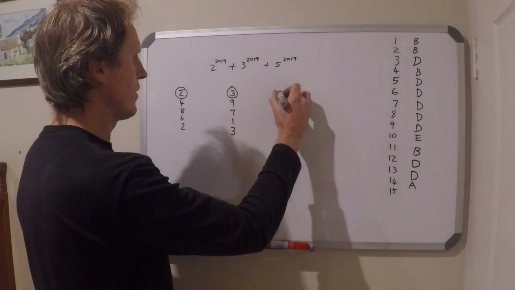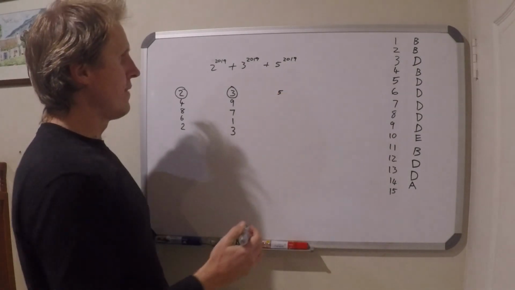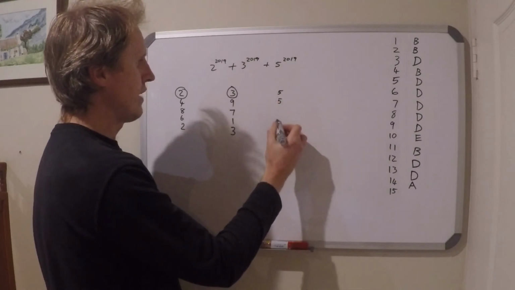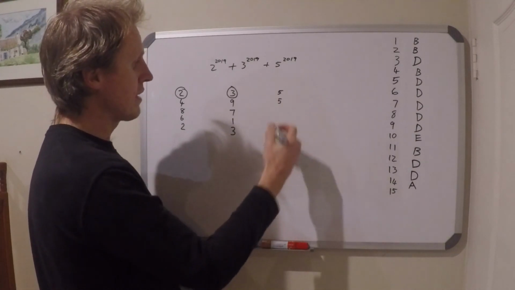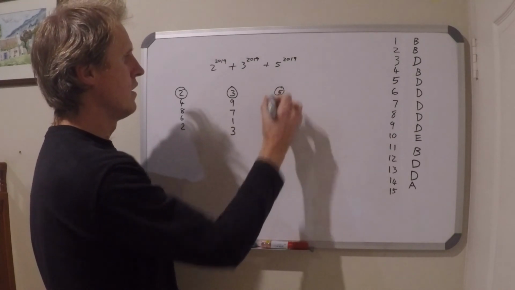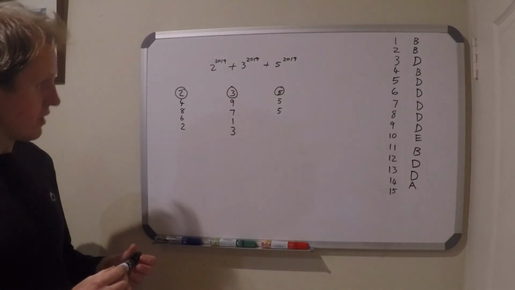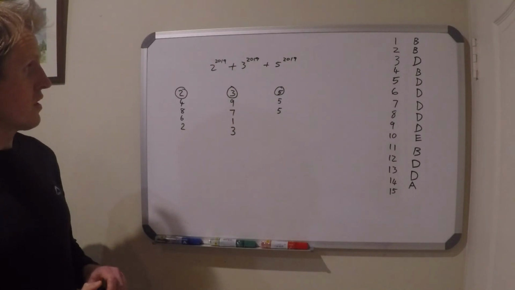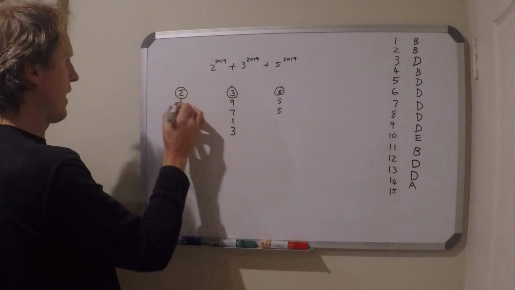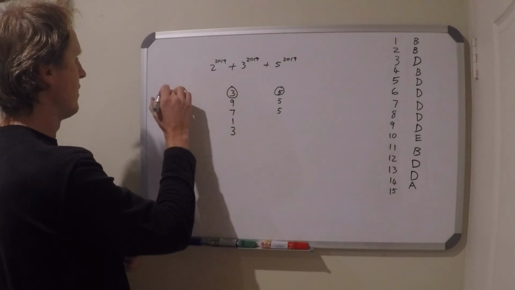And 5, we've got 5. 5 times 5 is 25. 25 times 5 is 125. But all of these are going to end in a 5. So this is going to be to the power 1.